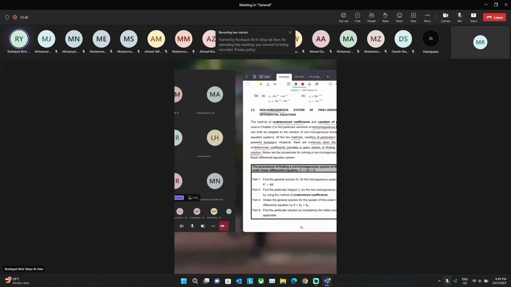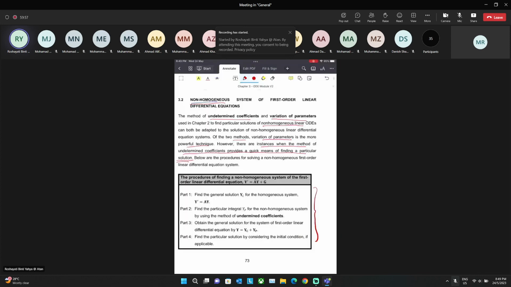These are the steps. Generally it has 4 steps. But for part 1 and part 2, these 2 parts consist of a few steps, so it can actually go up to 7, 8 steps.